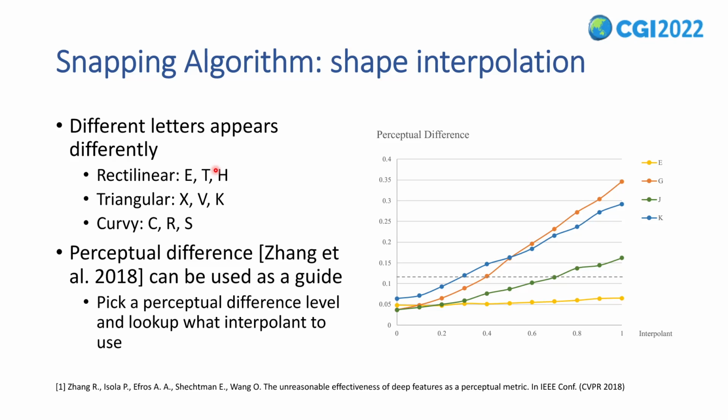For triangular and curvy shapes, the blocky design and original design will look vastly different. We employ a machine learning-based method to determine the perceptual difference of any designed content with the original design. And with this metric, we can pick a desired perceptual difference, for example, this gray line, which in turn gives us the interpolant to warp every individual letter.